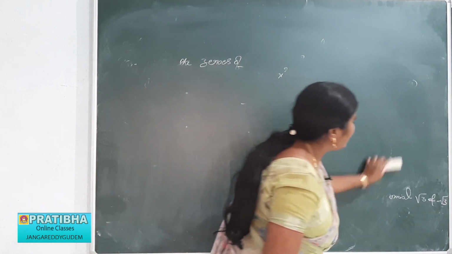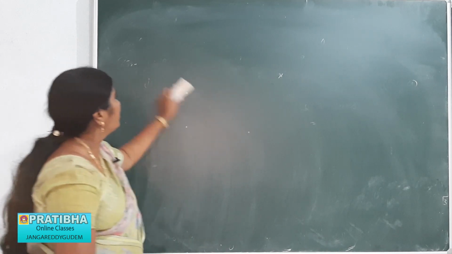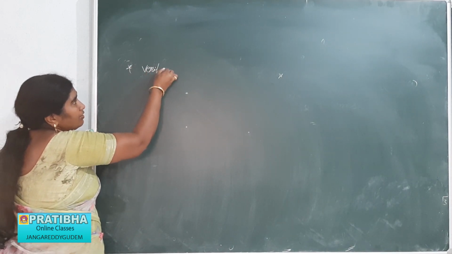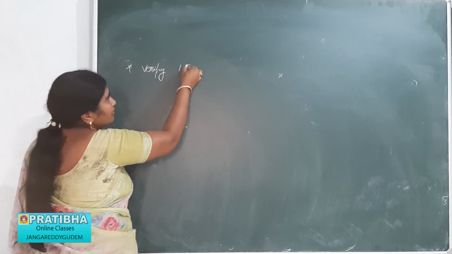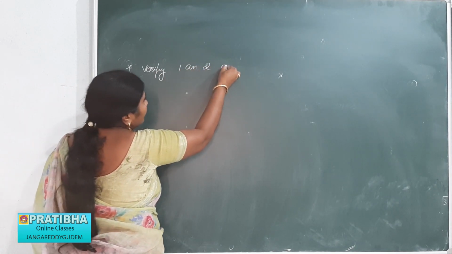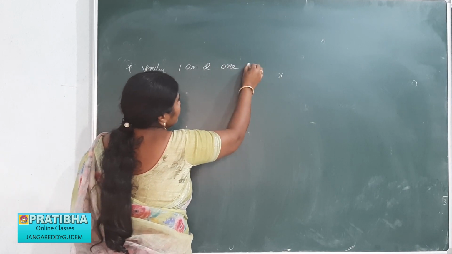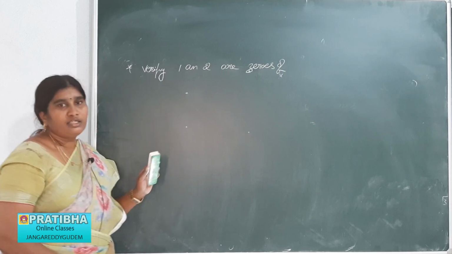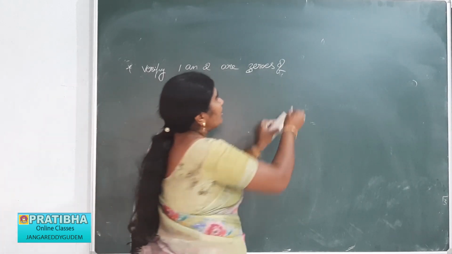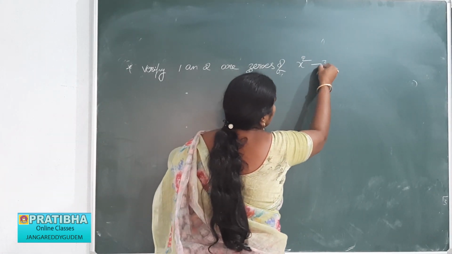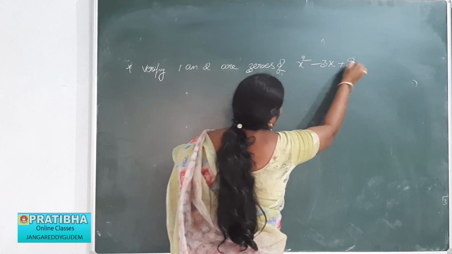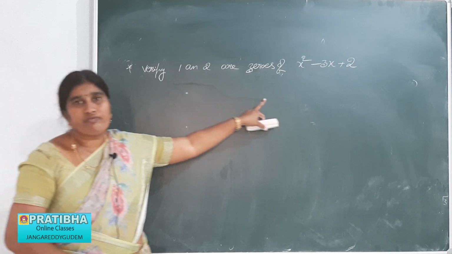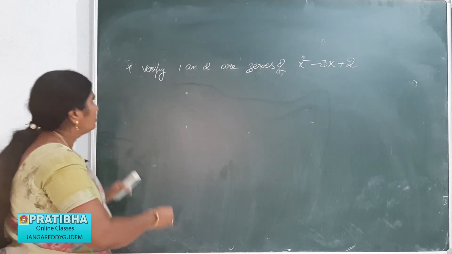Next, let us take another model. Verify 1 and 2 are the zeros of x square minus 3x plus 2.